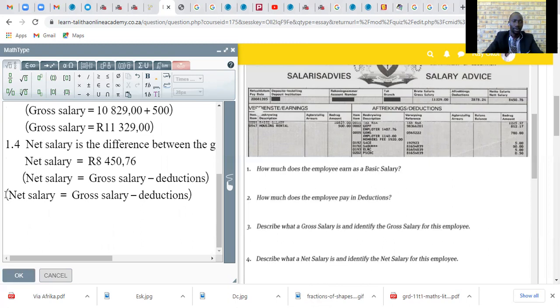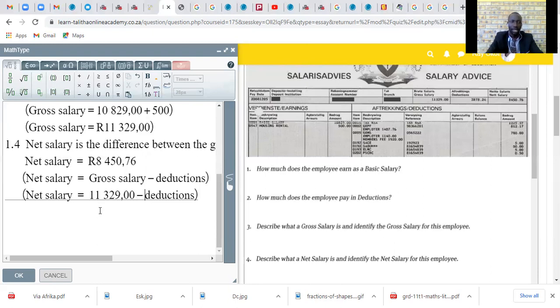So from here, what is our gross salary? Gross salary is 11,329. So we put it here. 11,329.00.